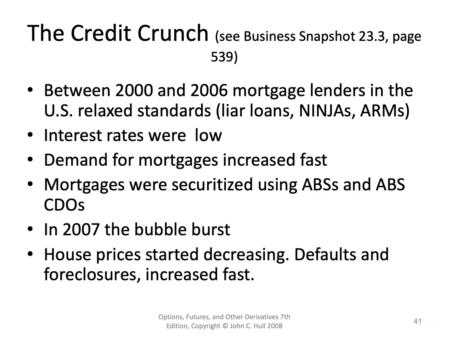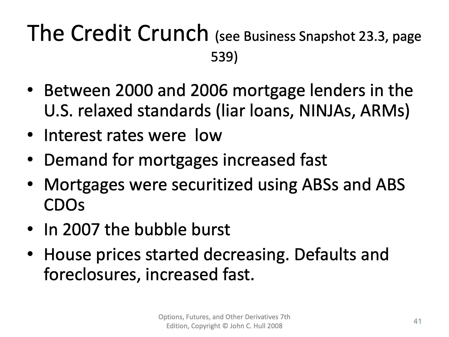In the financial crisis, mortgage-backed securities were heavily involved in the problem. Between 2000 and 2006, mortgage lenders in the US relaxed standards. This was partly because of government policy and partly because interest rates and returns were fairly low.